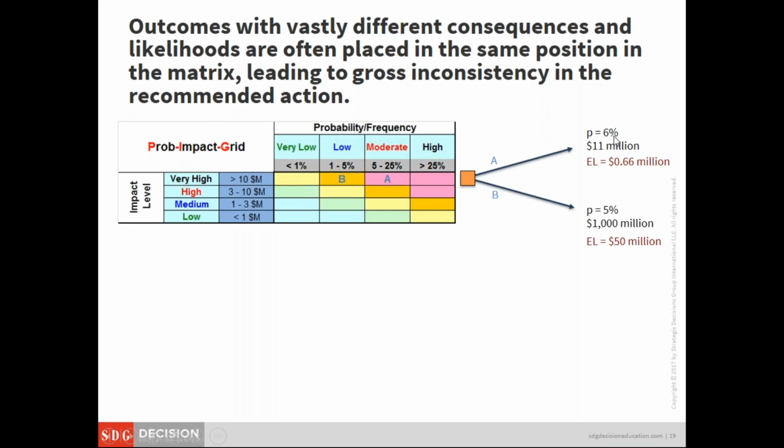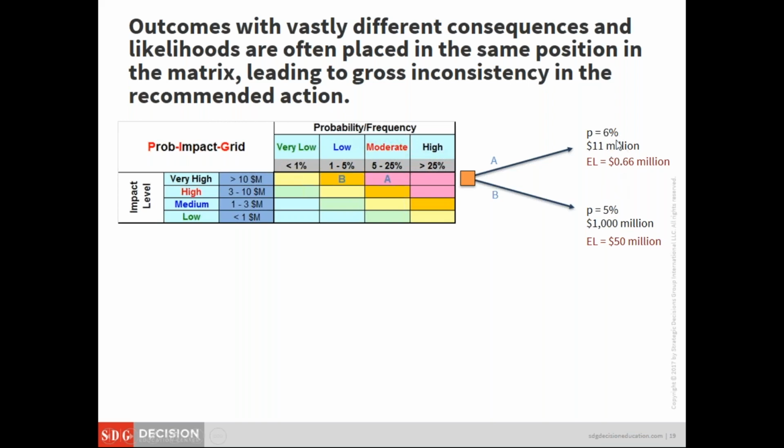Let's say B had a 5% chance of occurring, so less than A, but it had potentially a $1 billion loss. That would put it here in this category because it's 1% and greater than 10 million. So B would be a yellow risk, and A would be a red risk. Color slightly different here. I think most of us would agree that B is quite a bit more concerning.